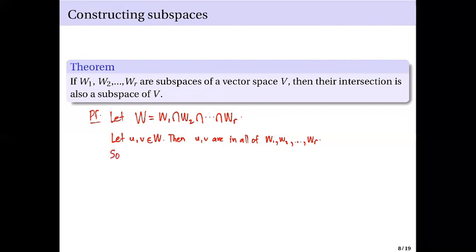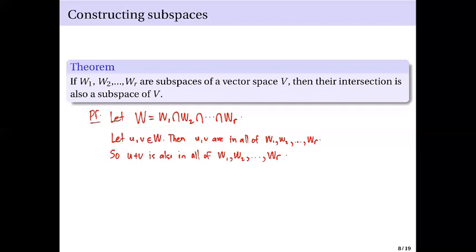So U plus V is also in all of W1, W2, WR because they are all subspaces.